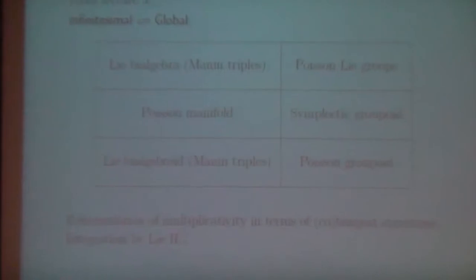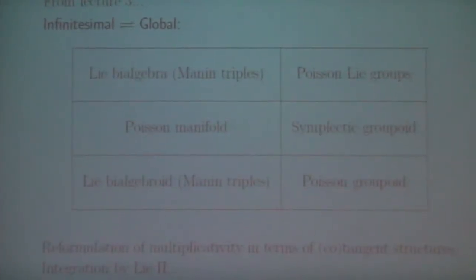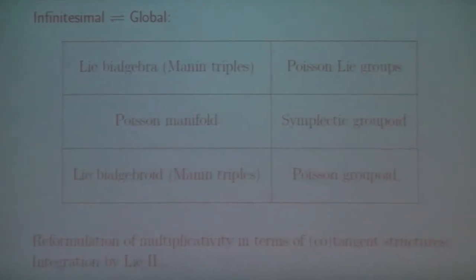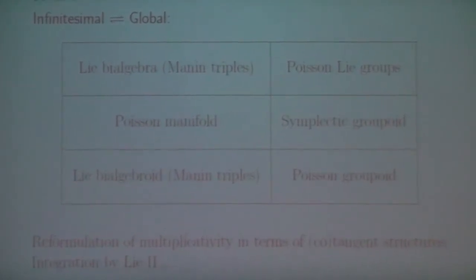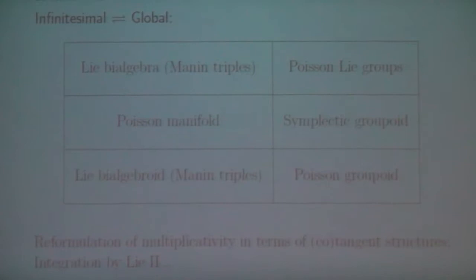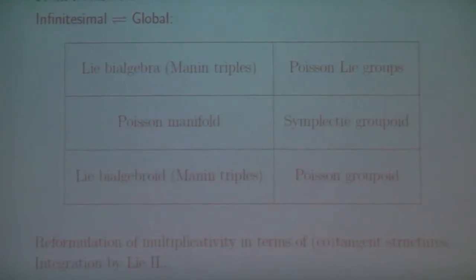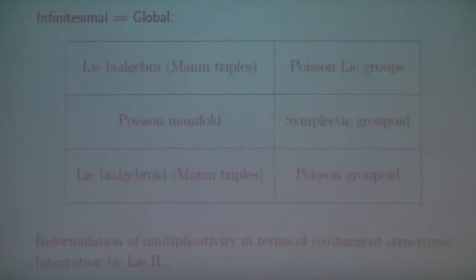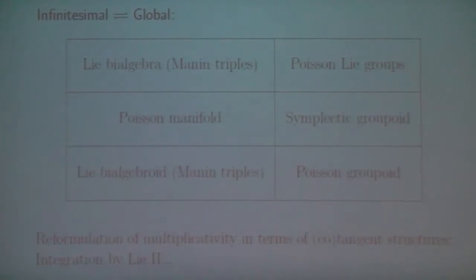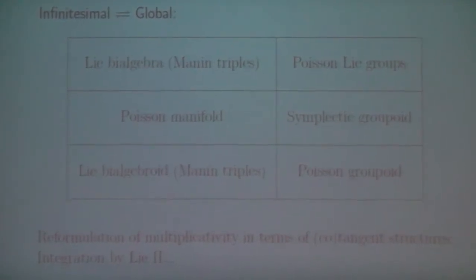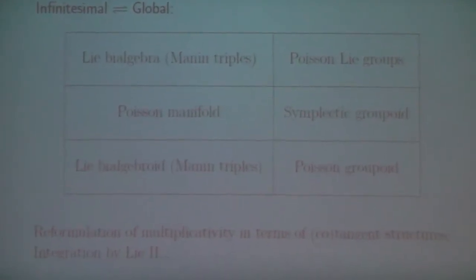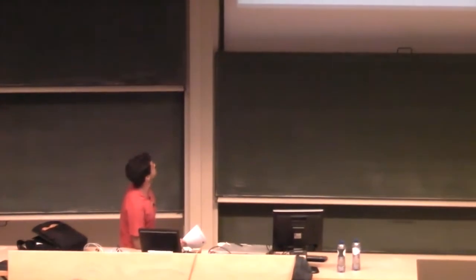And then there are a couple of papers in the mid 90s by Mackenzie and Xu, where the picture relating Lie algebroids and Poisson groupoids is clarified. Around the same time, the connection between Lie bialgebroids and Manin triples, these Courant algebroids together with a pair of Dirac structures which are transverse inside, was also clarified by Liu, Xu, and Weinstein.